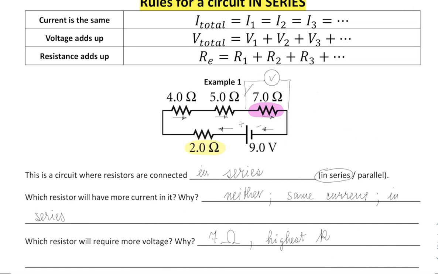So this right here, the 7 one, is going to be the hog. It will hog the most voltage. And how do you figure it out? So we found that this guy will have 0.5 amps. This one will have 0.5 amps. They will all draw 0.5 amps.